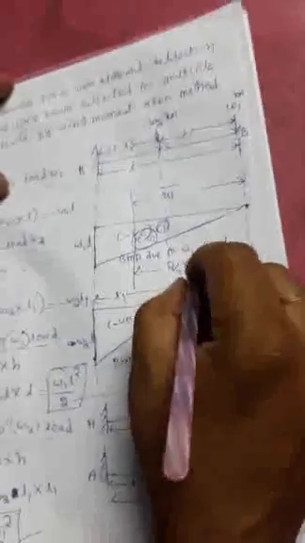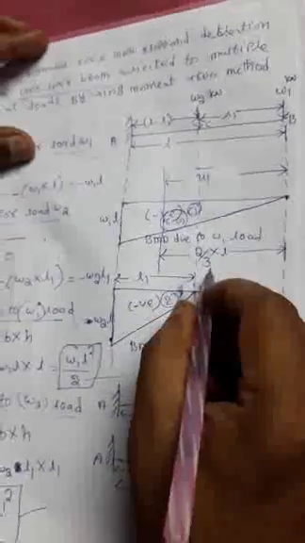The distance of the center of gravity of the BMD from B is denoted as x1 bar. So the x1 bar formula is 2 by 3 into L.